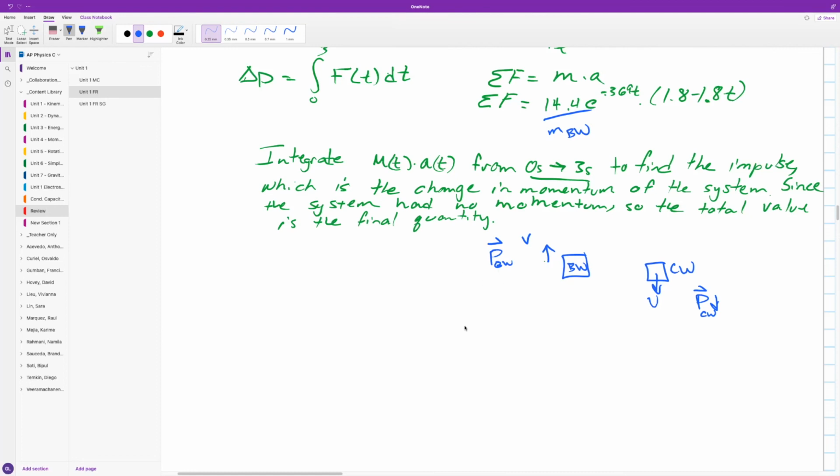We subtract it. So one way the more correct way to have written the integral for this, as we saw there in the scoring guide, was that from 0 to 3, it's not just the force on the bucket, but also the counterweight.